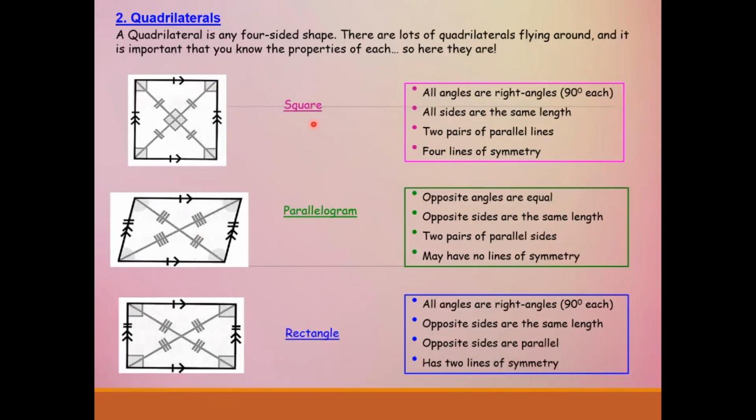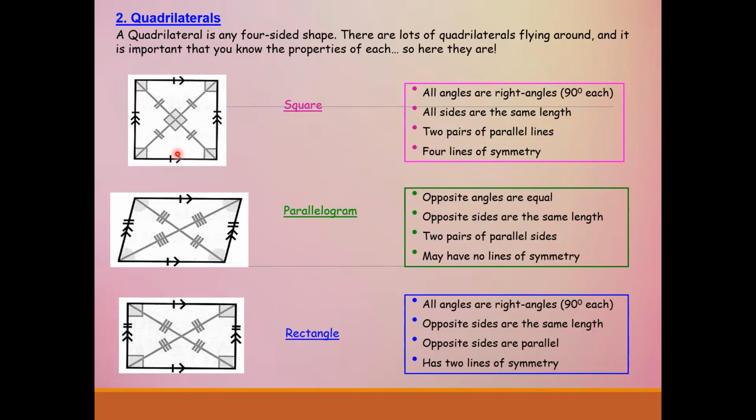If you can see our square, we know already that all angles are equal to 90 degrees each, and all 4 sides are the same length, with 2 pairs of parallel sides, and 4 lines of symmetry. If you cut here, here, and that side and this side, you will have 4 lines of symmetry because all 4 sides are the same length.